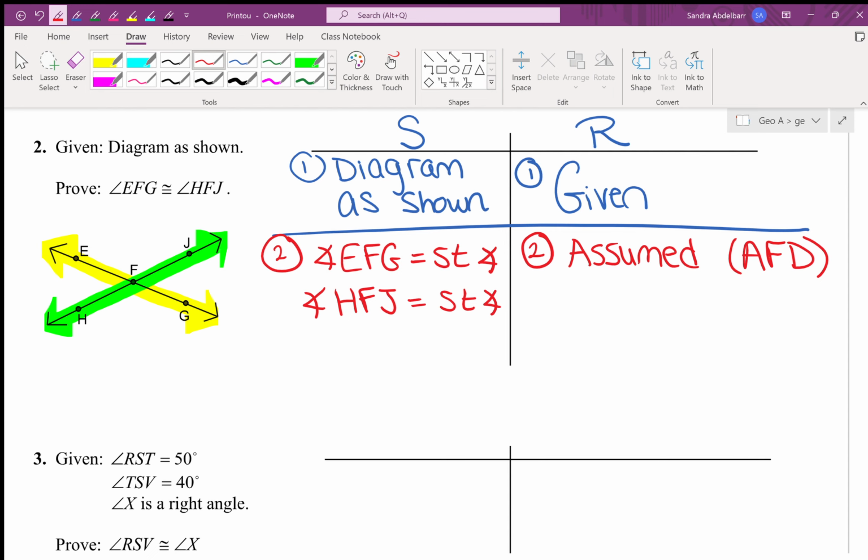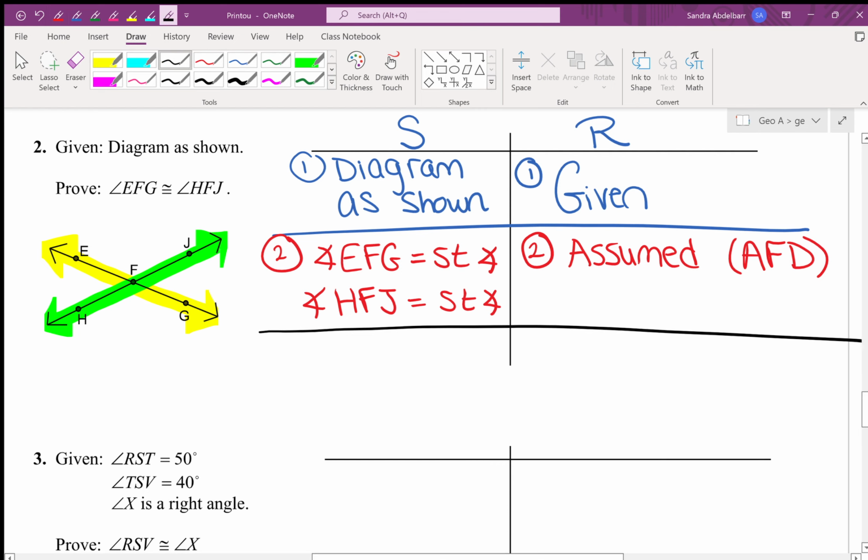Assumed from diagram. So now that we told the reader that we have two straight angles, now can we say that they're congruent? Yes. Angle EFG is congruent to angle HFJ. And not Chase, not Adam, someone tell me, what is the reason here?